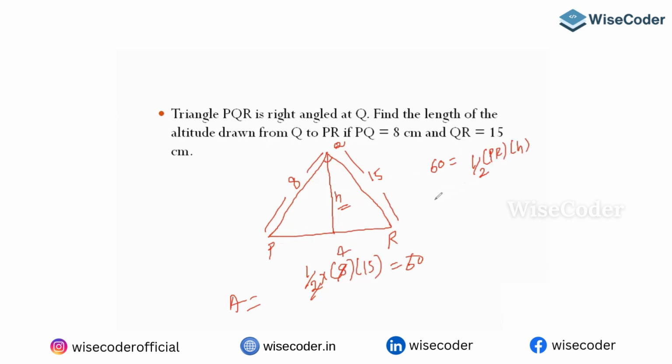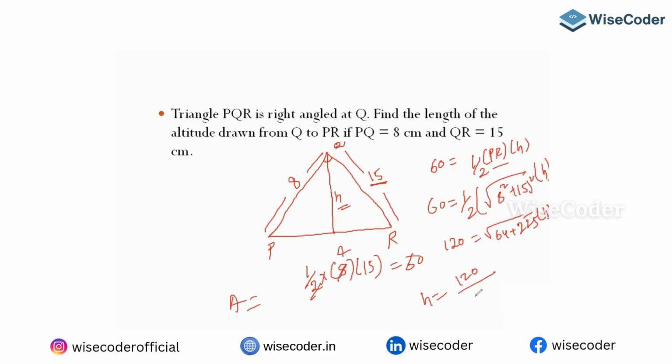Now the only point you need to focus on here is, what is PR? PR is nothing but the square root of 15 square plus 8 square only, no? So then 60 is equal to half into square root of 8 square plus 15 square, into H. And 2 will go to the other side, 120. 120 is equal to square root of 64 plus 225 into H. Then H is equal to 120 divided by this. 64 plus 225 is 289.